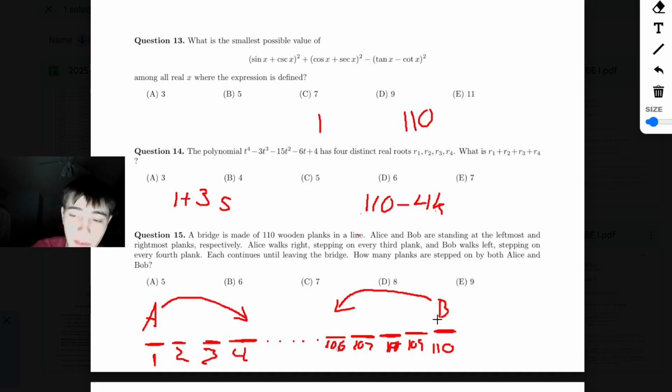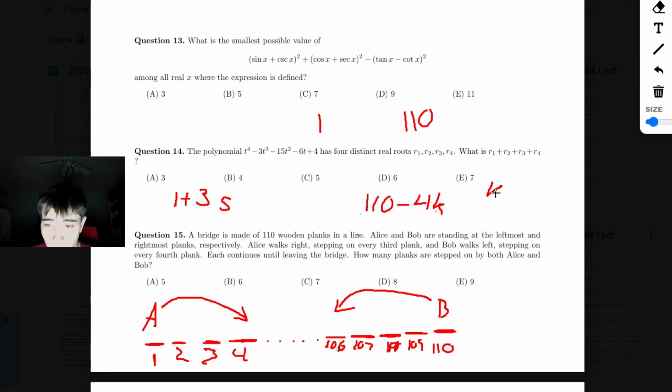So do you see what I mean? He's just reversing his steps. So what is the last plank that Bob will step on? We want to get as close to 1 as possible with 110 minus 4k without going under. So at k equals 26, that's 6. At k equals 27, that's 2.